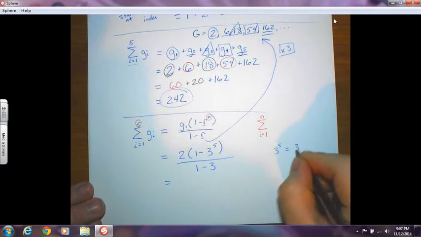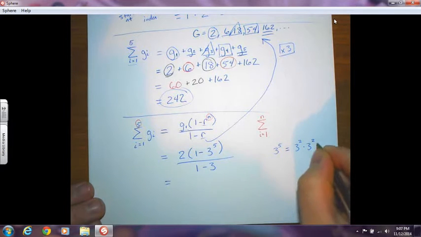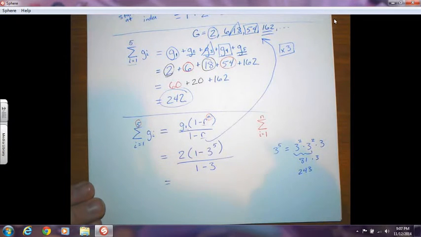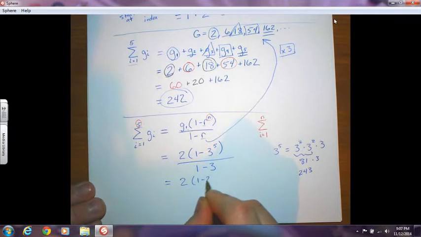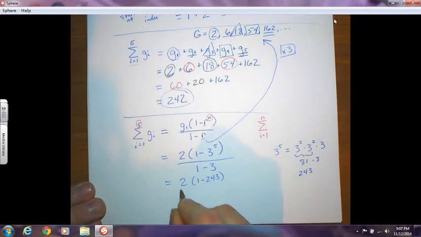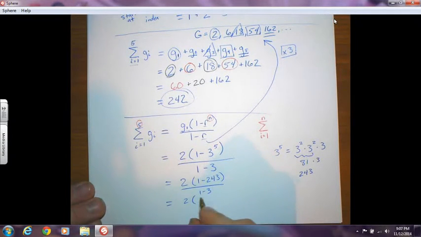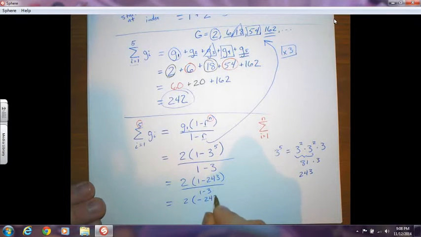So we want to do 3 squared times 3 squared times 3. 3 squared times 3 squared is 9 times 9, or 81. And 81 times 3 is 243. So now we have 2 times 1 minus 243 over 1 minus 3. Or to clean that up a little bit more, 2 times negative 242 over negative 2.